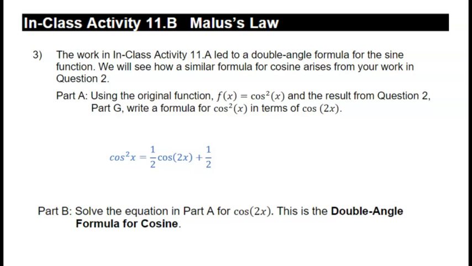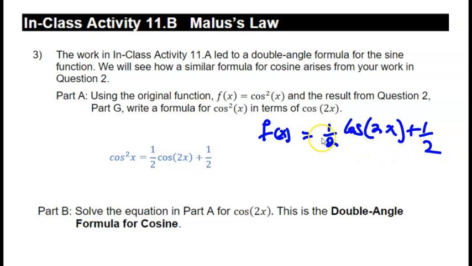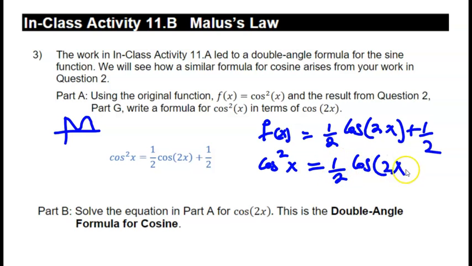Now, if you remember, we had the function f of x equal to 1/2, which was a, cos 2x, with b equal to 2, and then plus 1/2, which was c. But that function that we saw was the function for cos squared x. So we say that cos squared x is equal to 1/2 cos 2x plus 1/2.